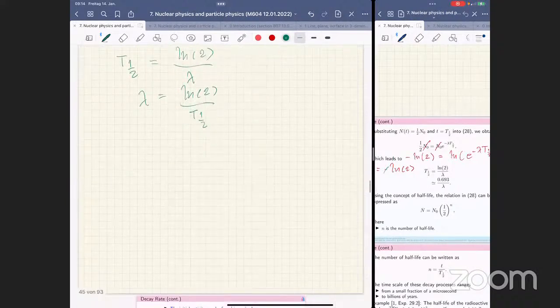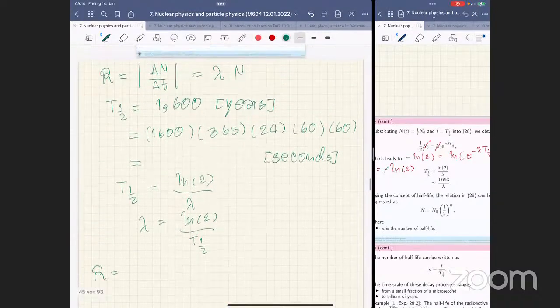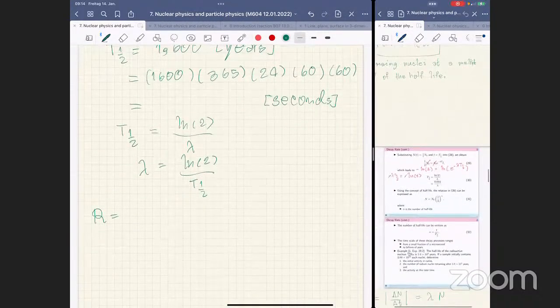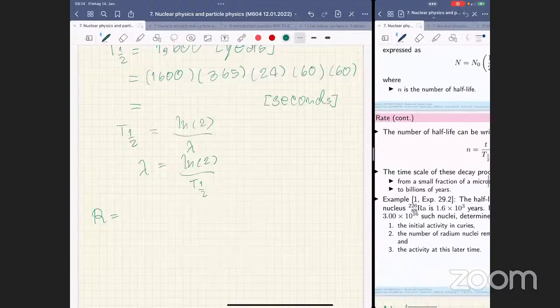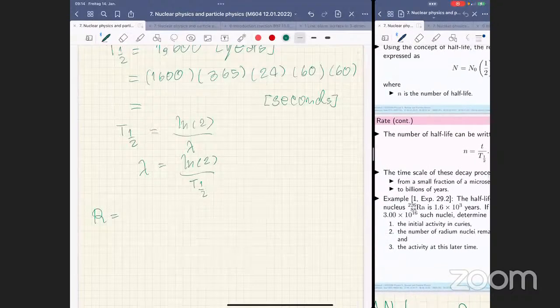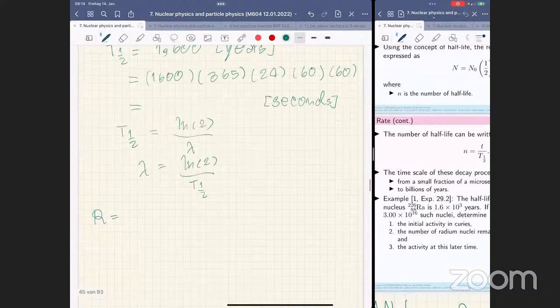So R will be, what is that? N, the initial amount, which is the number of nuclei at the beginning. Let me write down the expression first.